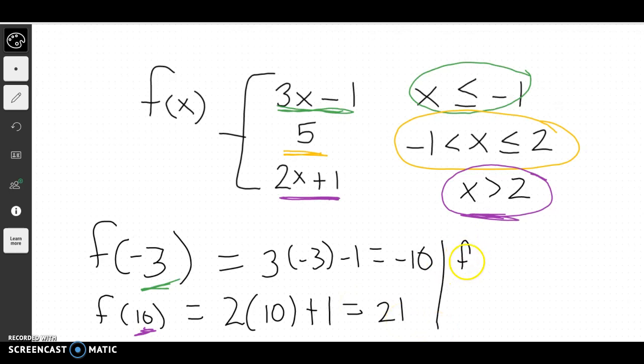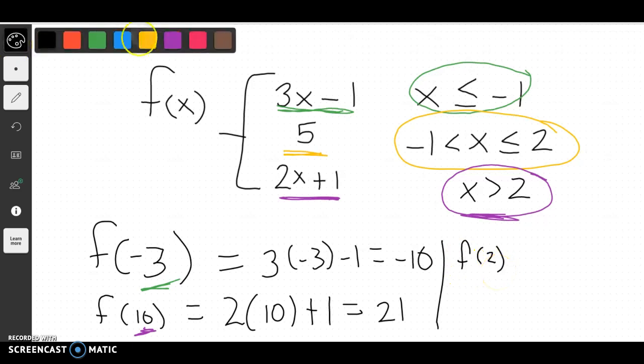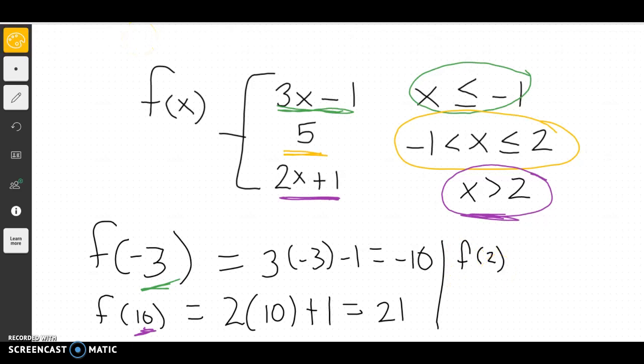Let's take another one. We'll say f of 2. Well, if it's 2, I look through my rules. Well, that one's no-go because it's not greater than 2. That one's no-go because it's not less than -1. This has the equal to, so we're going to use this rule. When you look at this rule, you might see this as weird. Like, they don't have any x's, so where do I plug the 2 into? Well, you don't. This rule essentially says that any number that I put in, I output 5.